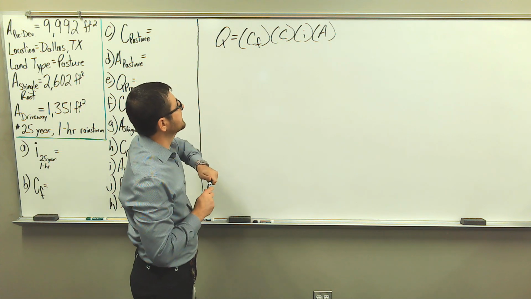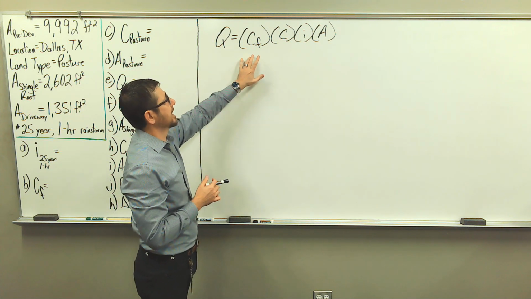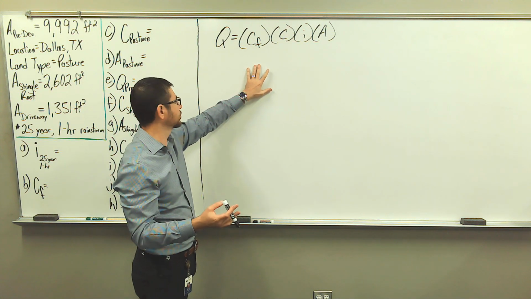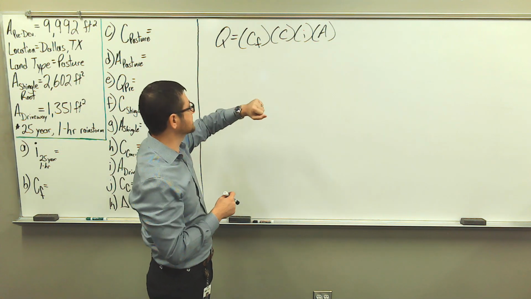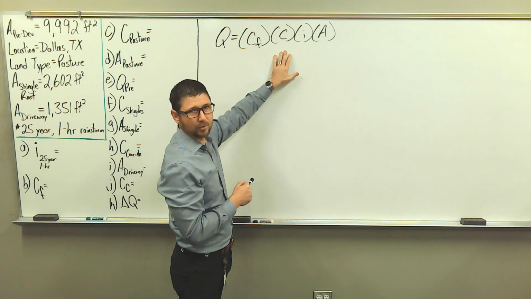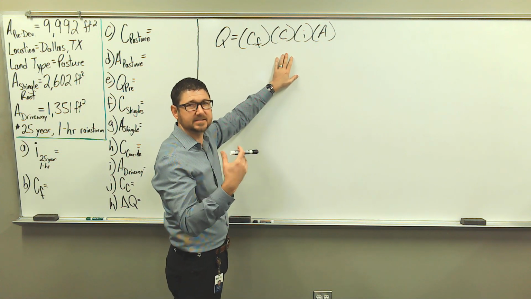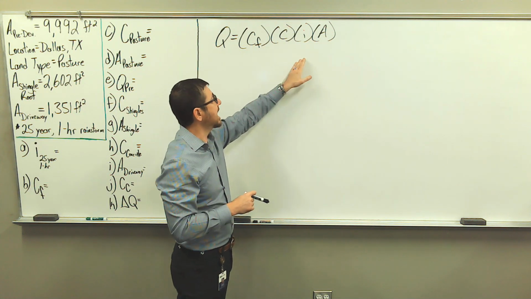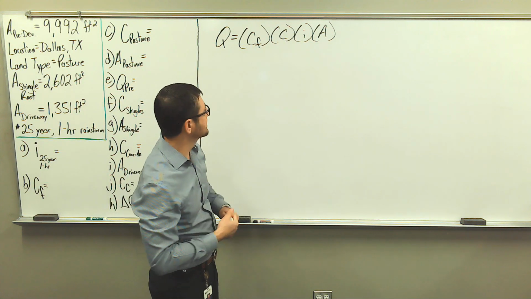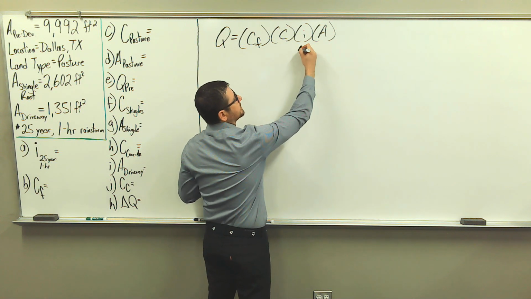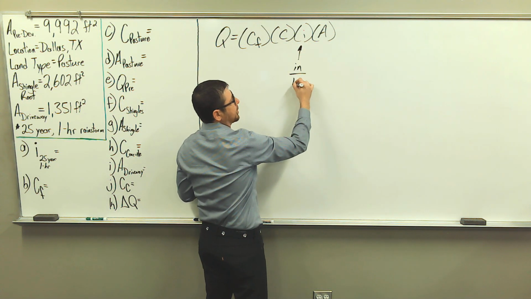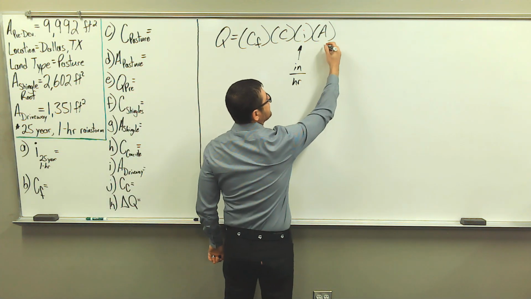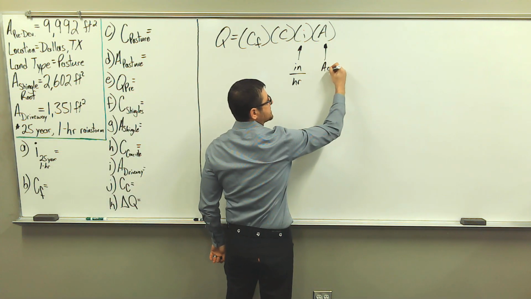C sub F is our runoff rate adjustment factor, and this is based on the return period of the storm, and we're going to cover this in a moment. C is our runoff rate based on the type of surface, how it's categorized, and this is pasture. I is the rainfall intensity, in units of inches per hour. Next, we have area, which is going to be in units of acres.